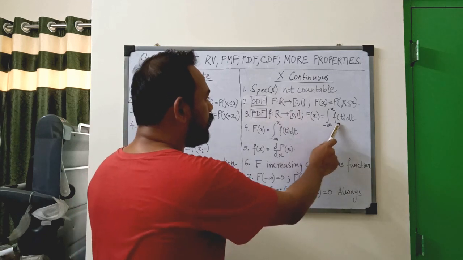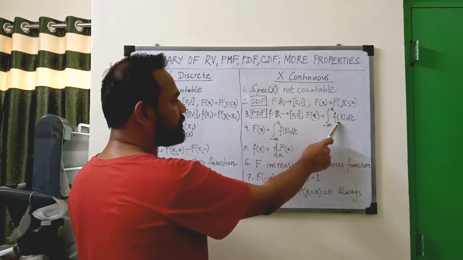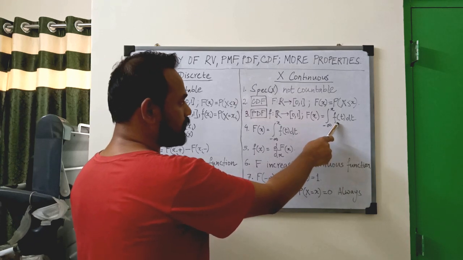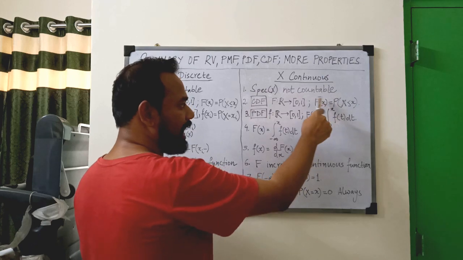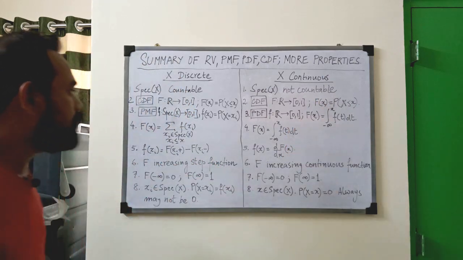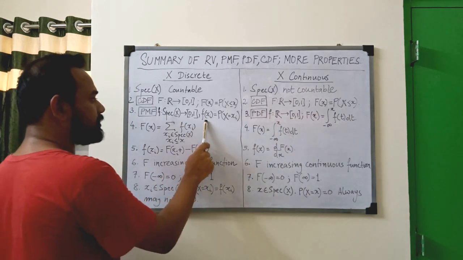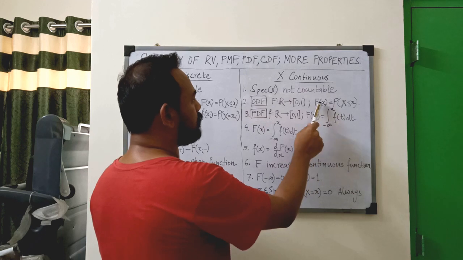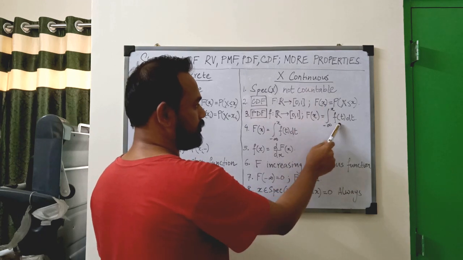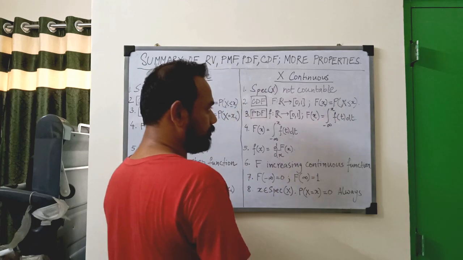So for a continuous random variable, you find a function like this which satisfies how capital F, or the CDF, is defined. The two are defined differently. The PMF is defined directly in terms of probability, while the PDF is defined in terms of the CDF, once you define the CDF in terms of probability.